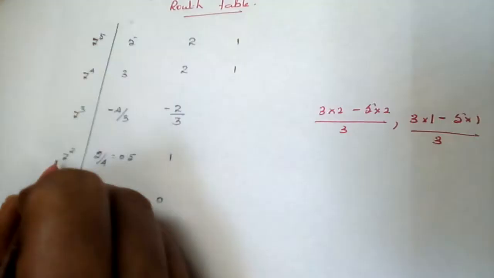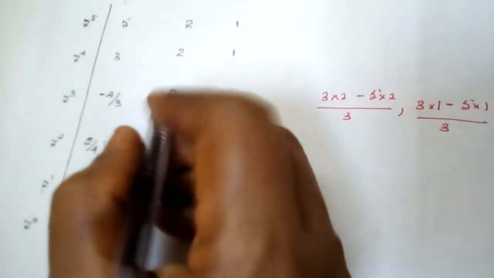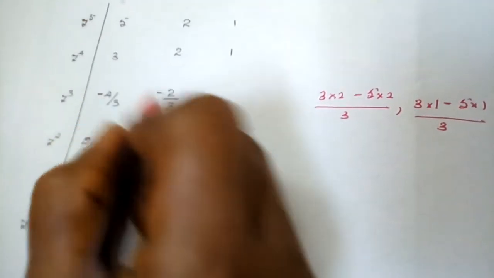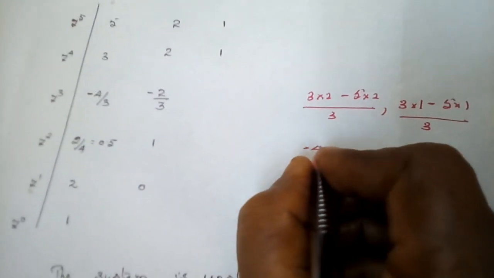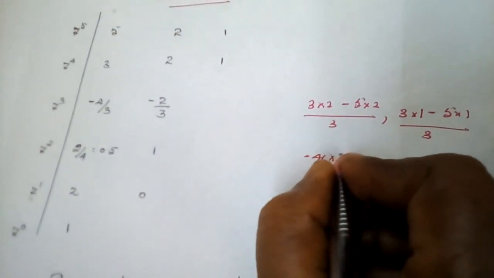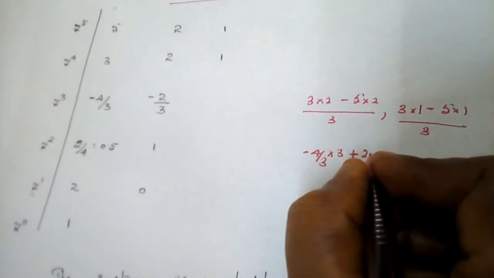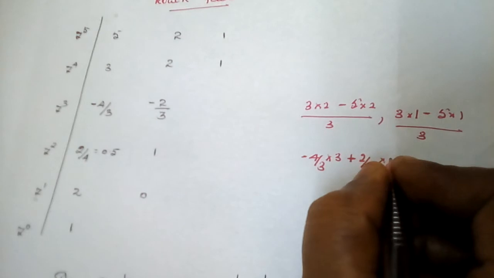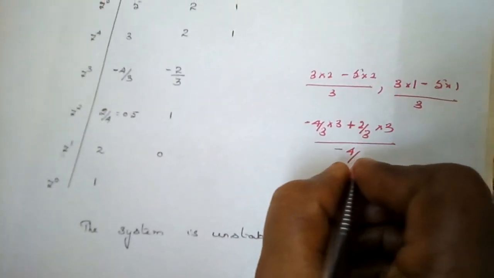Okay. And the next case is z square. I am cross multiplying these two values. Cross multiplying, I get 4 by 3 into 3 minus of minus, this is plus 2 into 2 by 3 into 3, divided by minus 4 by 3.